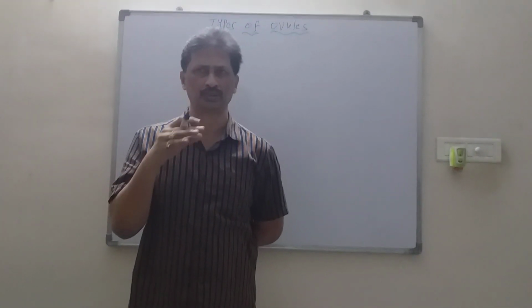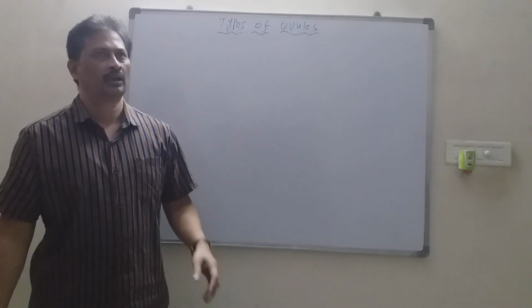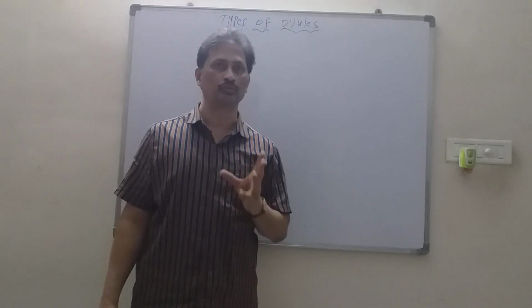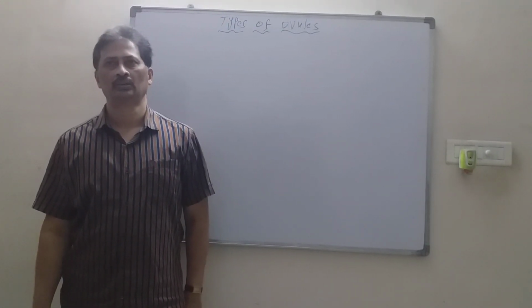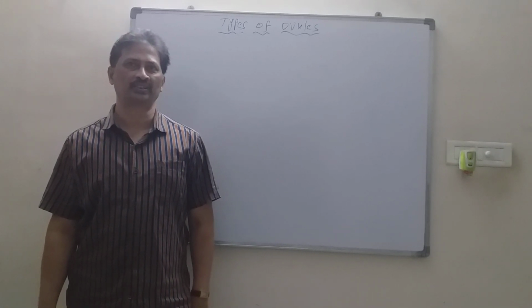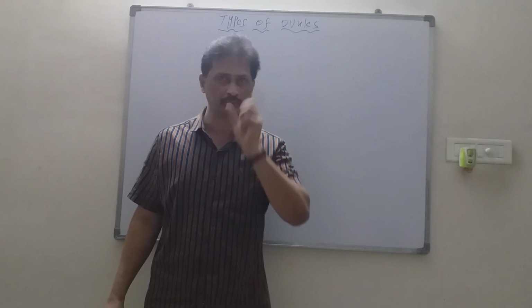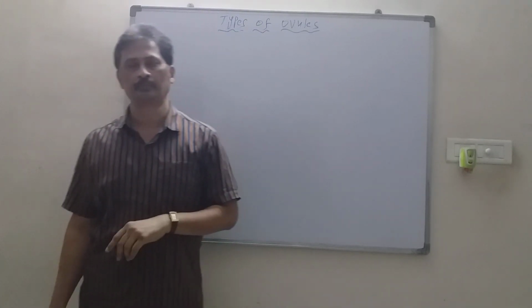We already discussed all these points in the last video. In this video we will discuss the types of ovules. We already discussed the structure of the ovule. An ovule consists of mainly 2 parts.